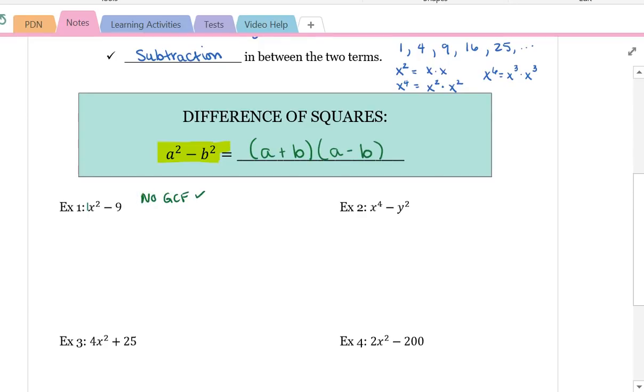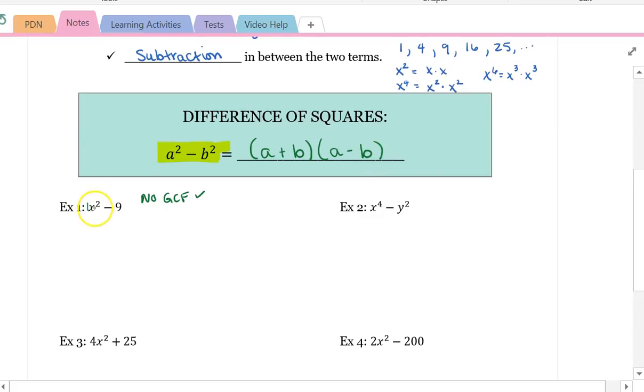The second thing is check for perfect squares. X squared, that was one of the ones that I listed up here. 9, that's one of the things I listed up here. Subtraction in between the two terms. Right there in the middle I have subtraction. So the fact that I have squares and subtraction means that this is going to factor into a plus b times a minus b. Well, what is the a value?